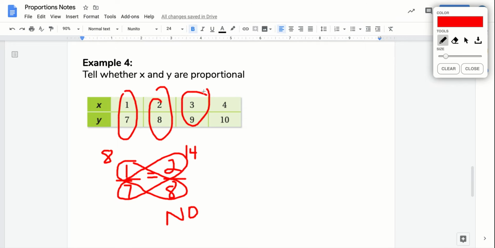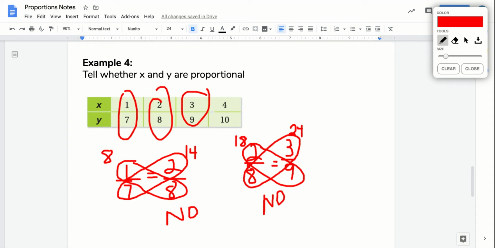So now I can keep practicing. I have 2/8 equals 3/9. Well, 2 times 9 and 8 times 3. So 2 times 9 is 18, and 8 times 3 is 24. So that's also a no. And last but not least, I have 3/9 equal to 4/10.